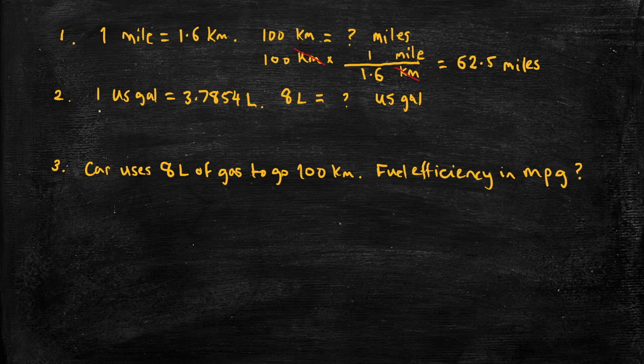Let's do the next one from US gallons to liters. 8 liters of gas, say. How many US gallons is that? So we write down our 8 liters, and then we're going to multiply by a conversion fraction so that the liters will cancel, and we'll be left with US gallons.